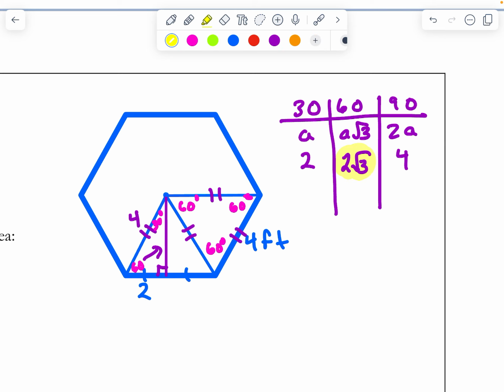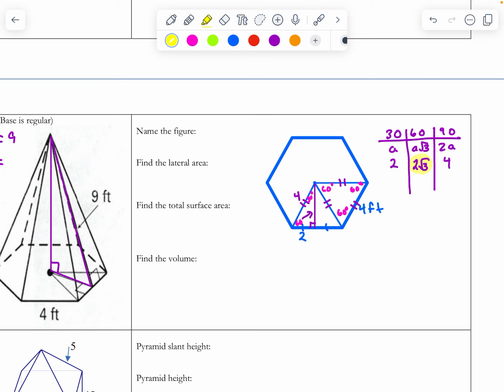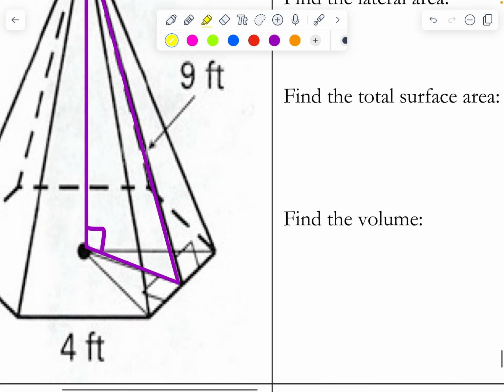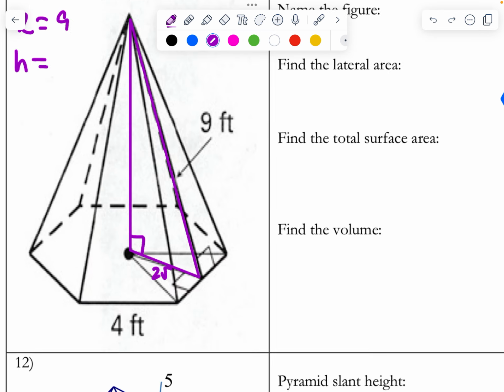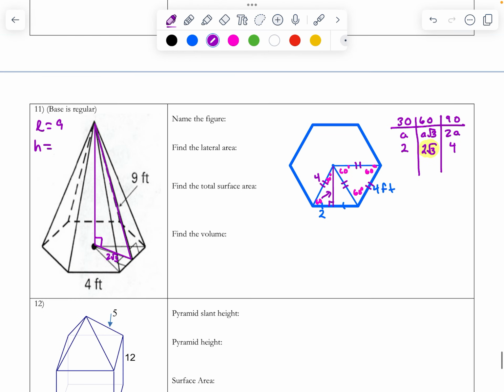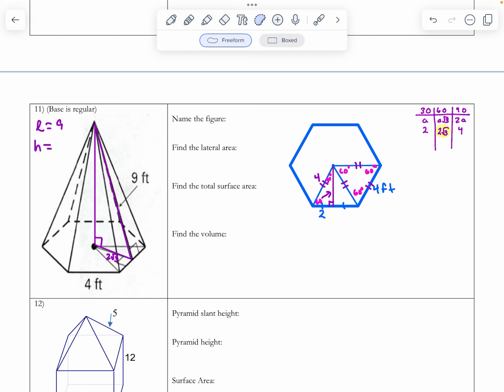So 2 root 3 is what my answer is here. I'm going to label that inside because now let's go ahead. I'm going to make this all way smaller. We don't need it anymore. I'm just going to put it up in the corner. Oh, I accidentally deleted the root 3. Okay, put this up in the corner here just so that it's away from our work.